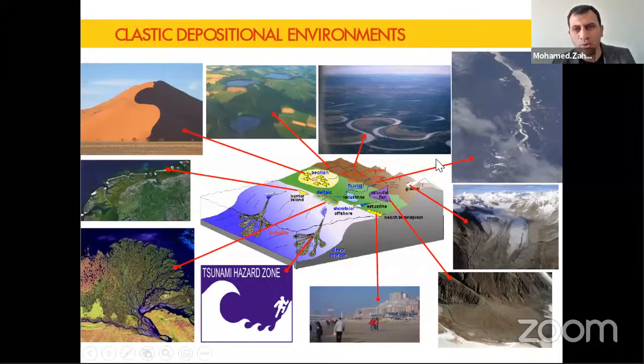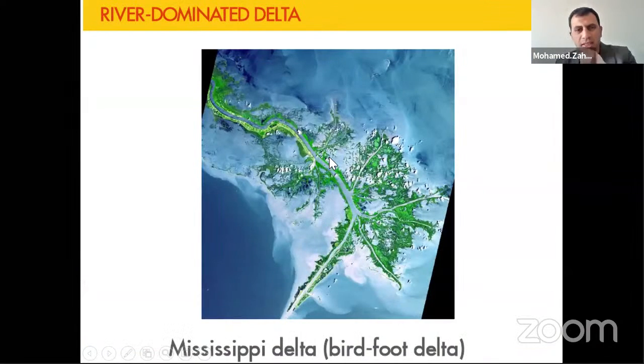That's why you need to understand what the outcrops look like and what your reservoir looks like. This is the Mississippi Delta. Your reservoir can be something like this, like this tree, and you have to predict all those channels.